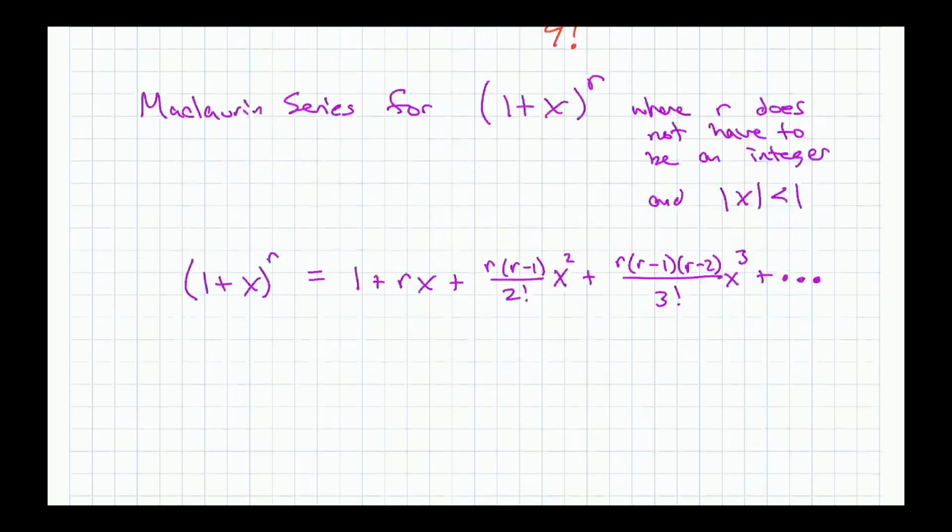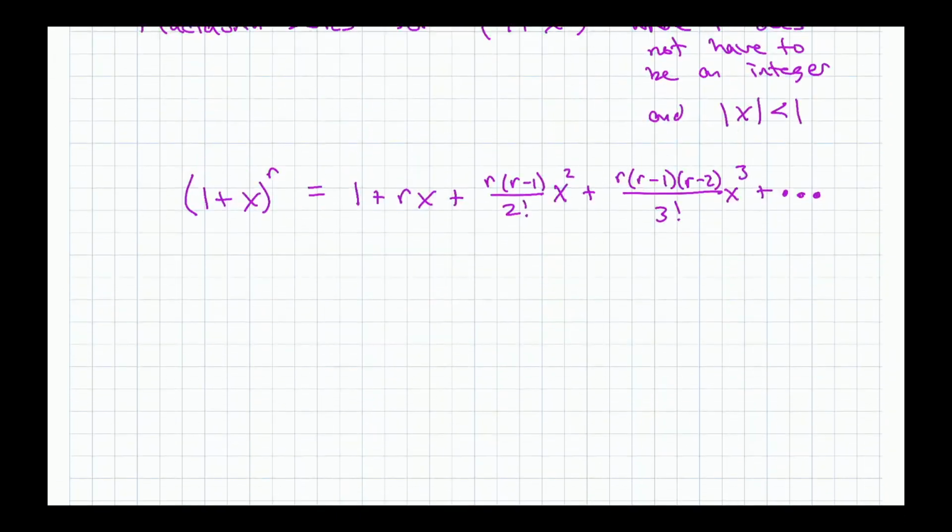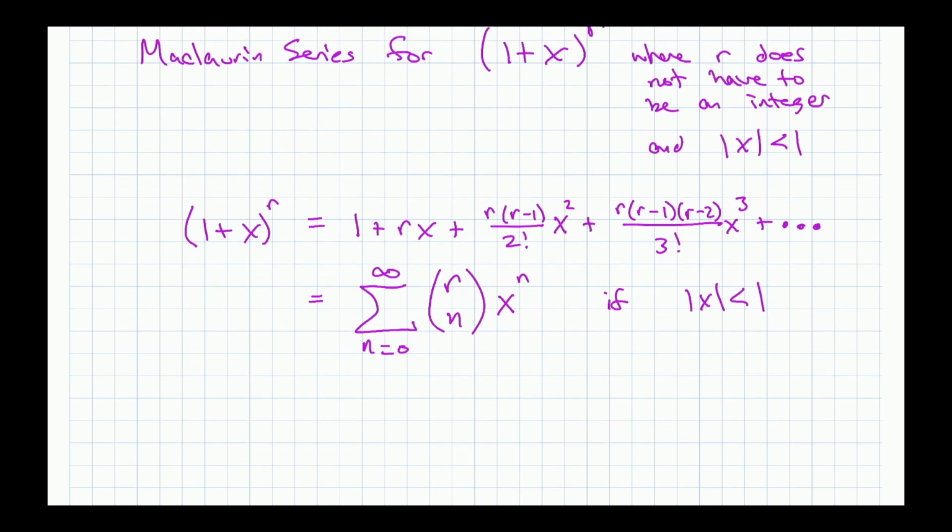And down here, I'm saying it's infinite. It goes on forever, but a lot of them are 0 if r is a positive integer. So this is the sum from n equals 0 to infinity of r choose n, x to the n. And again, the absolute value of x has to be less than 1 for that to work. Okay, so that's our Maclaurin series.